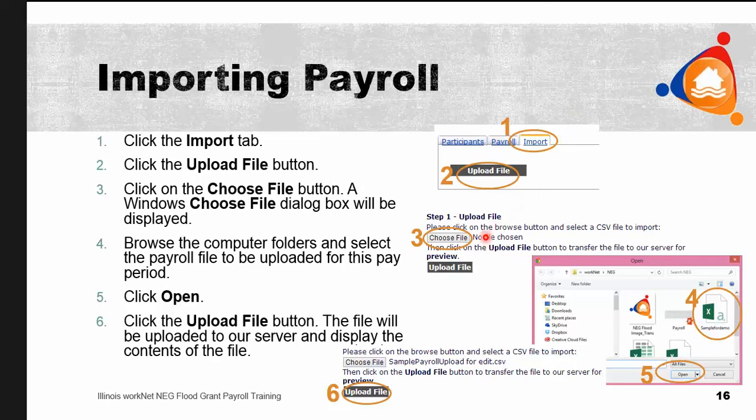Choose the file that you want to import. Then go to your file in your browser window. Select the CSV file, which is indicated with the small letter. Open that file. And last but not least, make sure that the file is the one that you want to upload, and then select the Upload button.